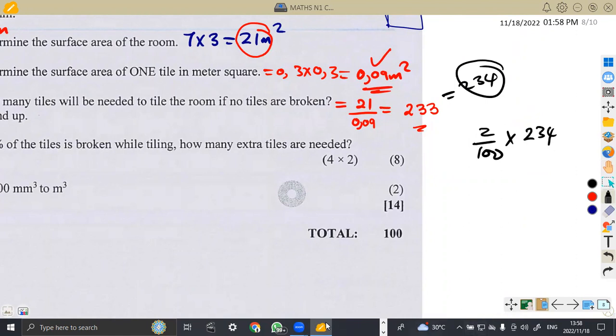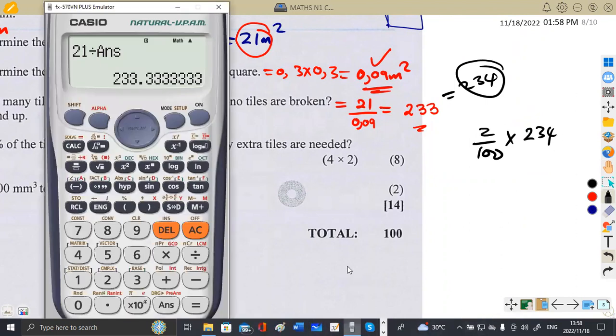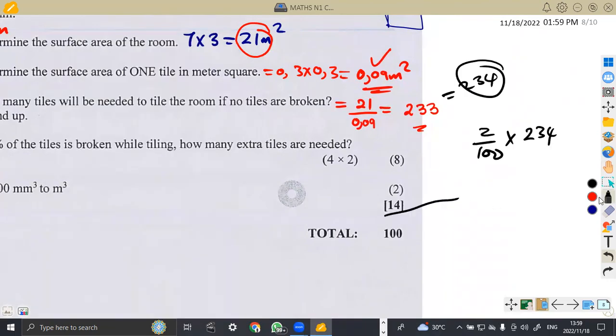What is 2% of 234? That is 4.68 or something like that, which is going to be 4. So our answer there was going to be a 4. Okay, that was it.